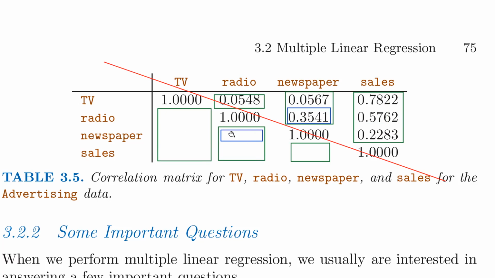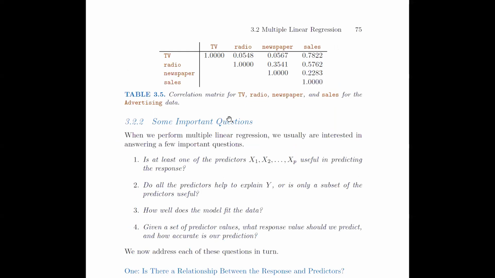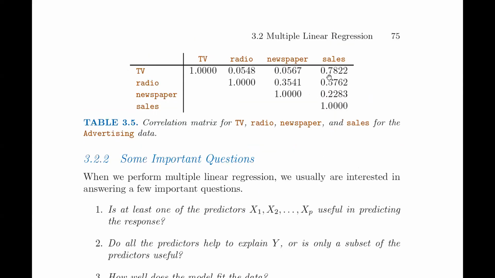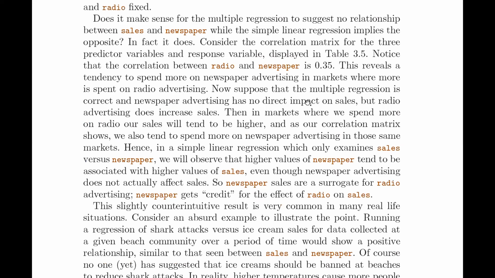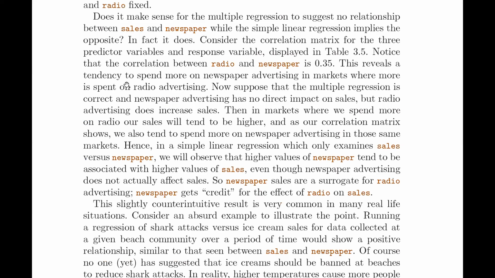It's a symmetric relationship. So it's 35% between radio and newspaper. Let's see what the book is getting at. This reveals a tendency to spend more on newspaper advertising in markets where more is spent on radio advertising. All it's saying is it's a positive correlation.